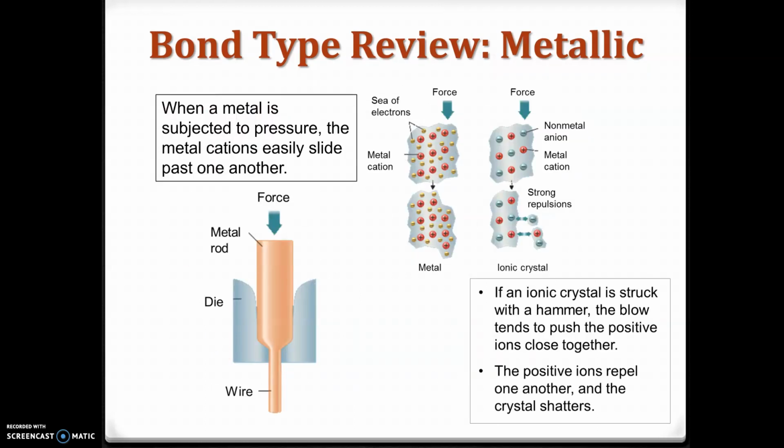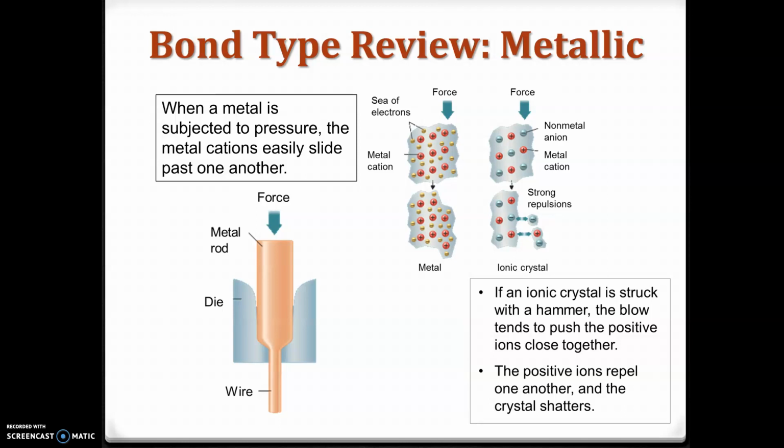This also talks about how metals are malleable and ductile, and I wanted to talk about this for just a second and particularly look over to the right, where you can see that in the metal the electrons are all evenly spaced between the positively charged nuclei, and that actually acts as a buffer between those positive charges so that they never line up and repel, and that's what allows metal to be shapeable.